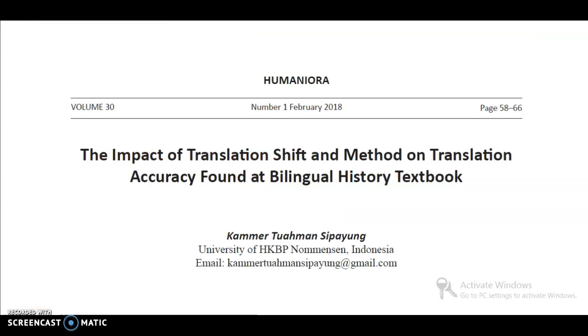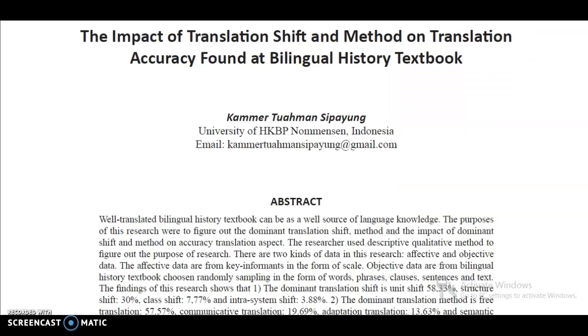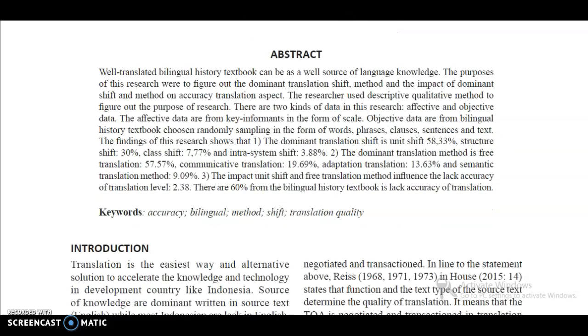Okay, here is the article with the title. You can see here, and let's see the abstract first, but our focus is on translation shift, right? So we go directly to this one. The objective data from the bilingual history textbook was chosen by random sampling in the form of words, phrases, clauses, sentences, and text.